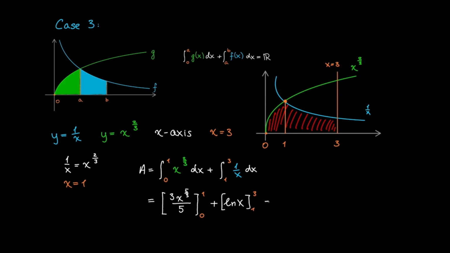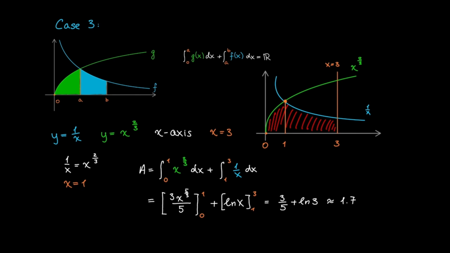Plugging in your values, you should get, for the front part, 3 over 5, and for the second part, plus ln of 3. You can leave your answer as such in exact form, or you can also use a calculator to approximate that this is 1.7.